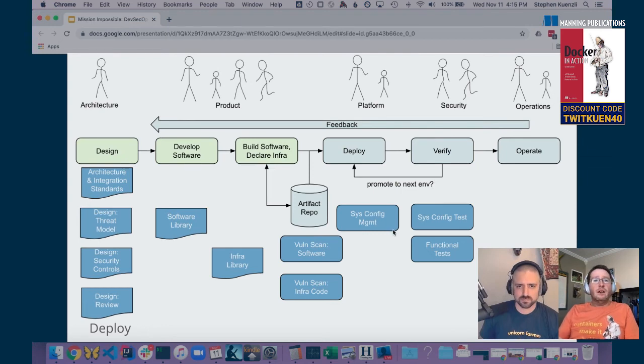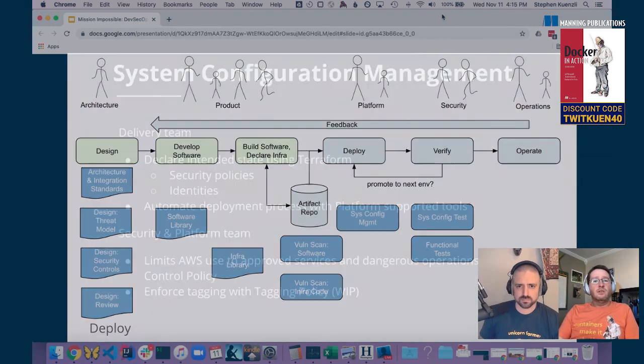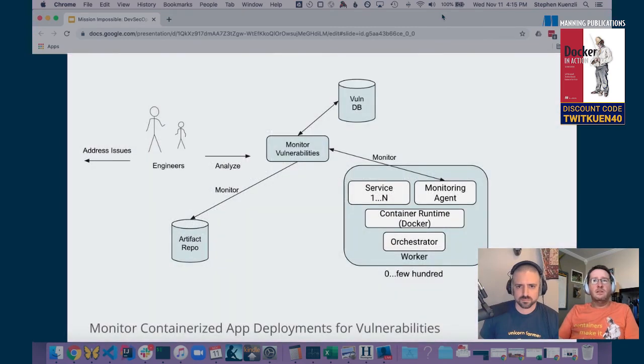And then drilling more specifically into container monitoring, container deployment monitoring. The way these systems generally work is you have a monitoring application that sits and is connected to your different container orchestrators, and there's a monitoring agent deployed on each of those container orchestrator worker nodes.